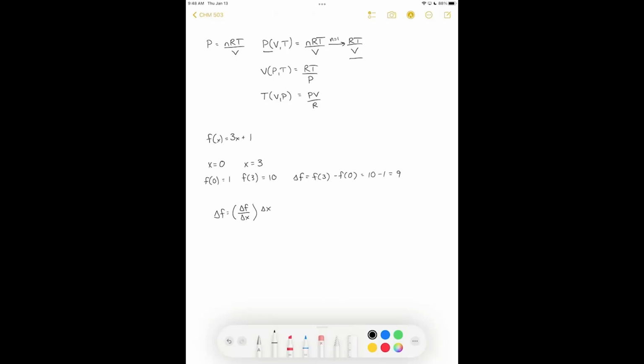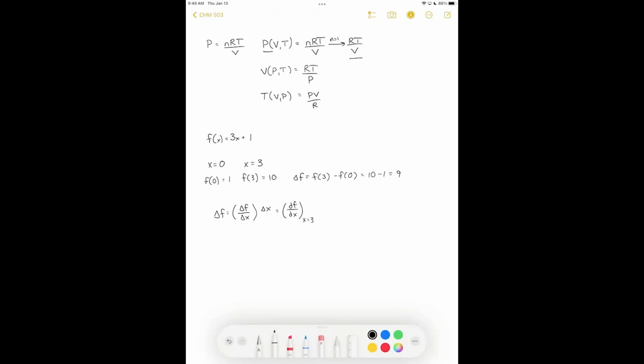Now, what is this? In this case, we're saying that delta f over delta x, right? We're talking about the derivative of f with respect to x. And we'll find this derivative specifically at x equals 3, where we are changing.